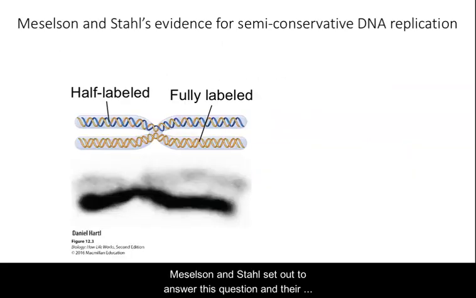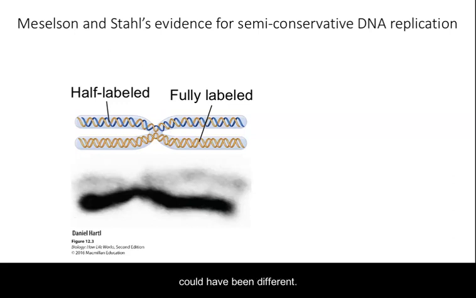So Meselson and Stahl set out to answer this question, and their original experiment provided support for semi-conservative replication, but they only studied replication in bacteria. So DNA replication in eukaryotes could have been different. So eventually there were experiments done with fluorescently labeled DNA, and that led to the discovery that eukaryotic cells also replicate semi-conservatively.